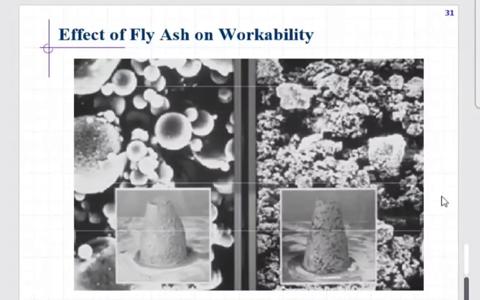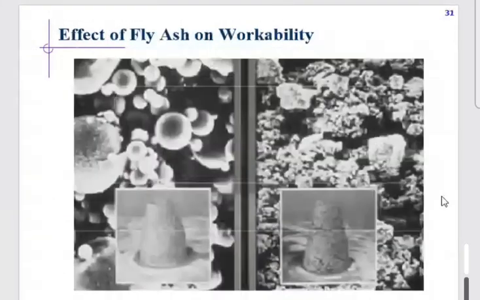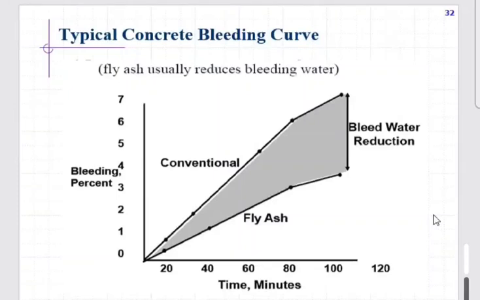Remember, fly ash doesn't give you early strength. It gives you later age strength. Clear? Fly ash will give you the later age strength, not at the early age. Fly ash gets activated in the later ages, 56 days, 90 days.